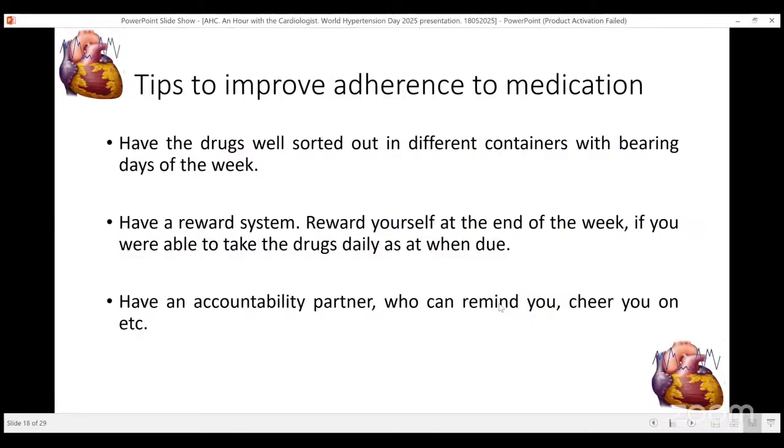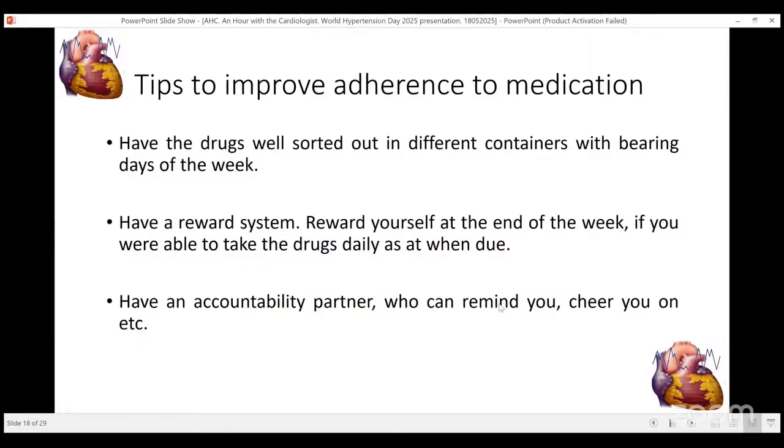Have a reward system. Reward yourself at the end of the week, at the end of the month, if you are able to take your drugs daily as at when due. You can reward yourself, okay? The reward can be just something healthy. Look for an activity or something healthy to reward yourself with. Oh, I took my drugs regularly. And you can even have a diary for it.